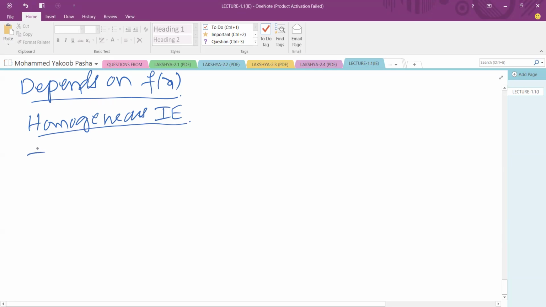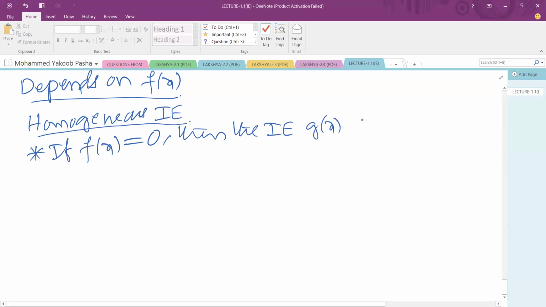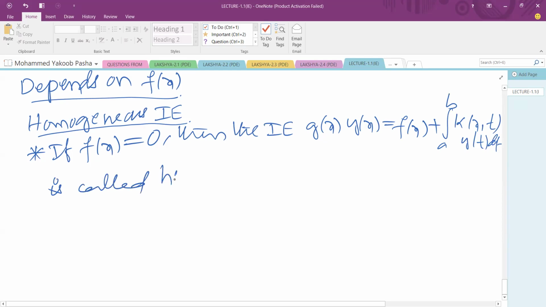Simple definition: if f of x is 0, then the integral equation in the general form g of x into y of x is equal to f of x plus integral a to b k of x comma t into y of t dt is called a homogeneous integral equation.